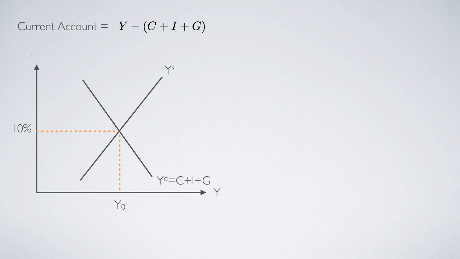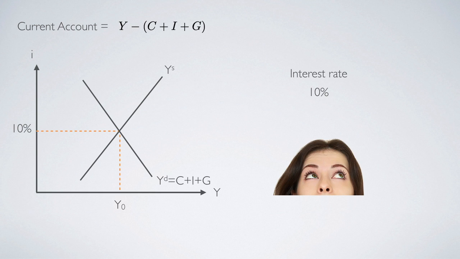We assume that initially the country is a closed economy. Therefore, the equilibrium interest rate will be 10% on the figure, and the output will be Y0. So we start from the equilibrium closed economy interest rate of 10%.